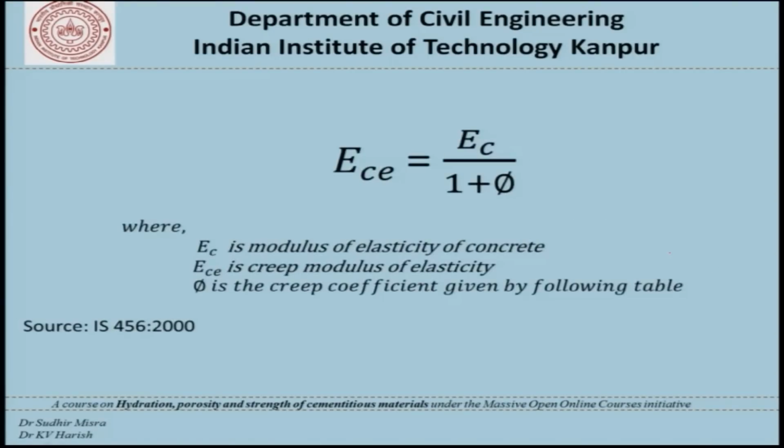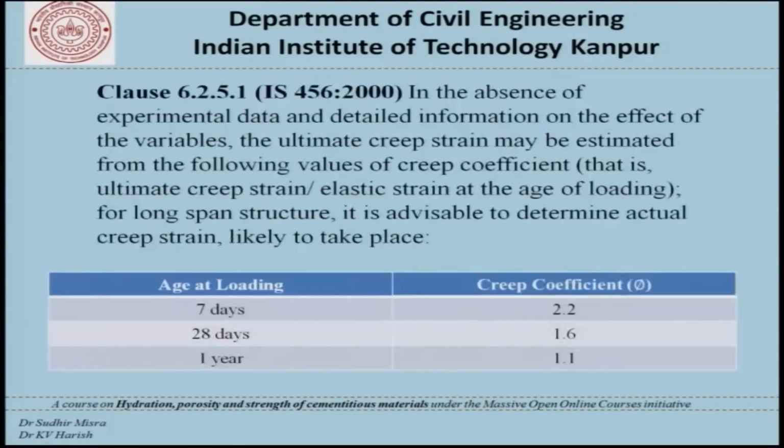Now this is something which is used in codes and specifications, and for example the Indian specification tells us that we can modify the modulus of elasticity of concrete to Ece using a creep coefficient which is given in the following table, and that is what it says is, in the absence of experimental data and detailed information on the effect of the variables, the ultimate creep strain may be estimated from the following values of creep coefficient, and the creep coefficient is defined as the ratio of the ultimate creep strain to the elastic strain at the age of loading.